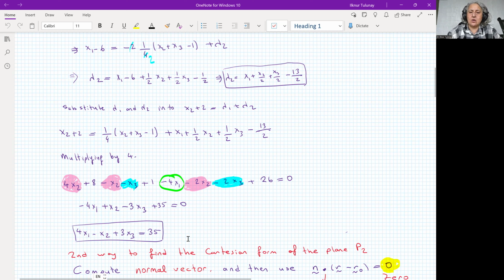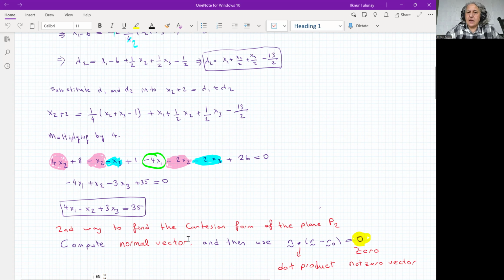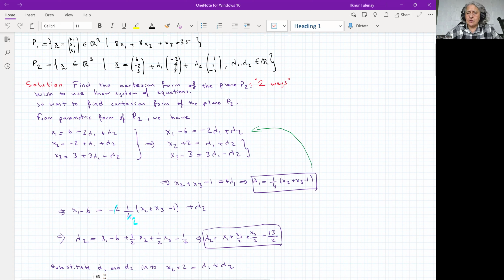Now, what else can you do? You can use a normal vector. You can calculate a normal vector and find a Cartesian form. Since the plane is given in vector form, this is a directional vector and this is a directional vector. These two directional vectors are on the plane.